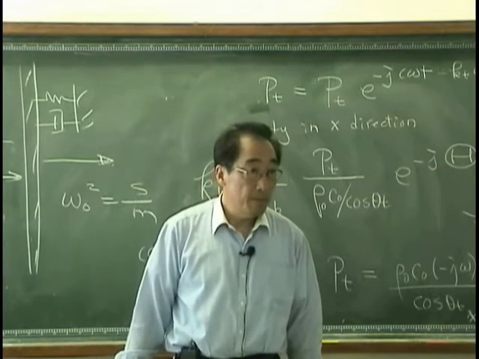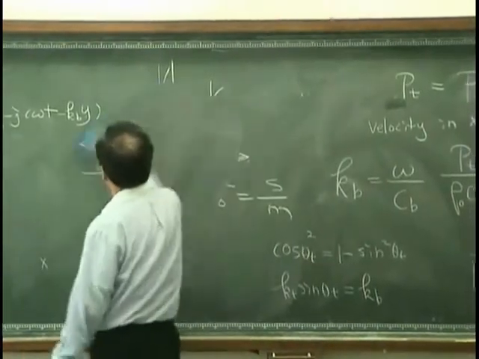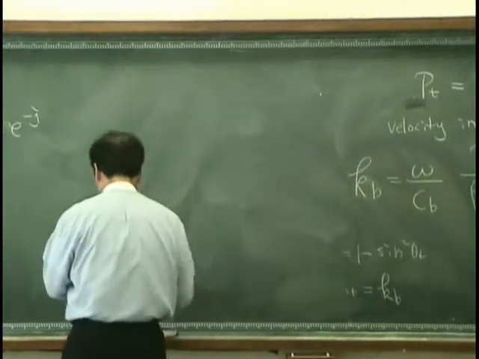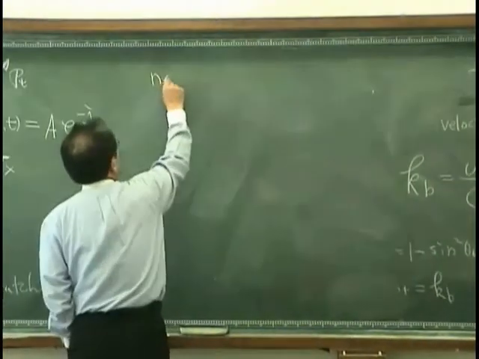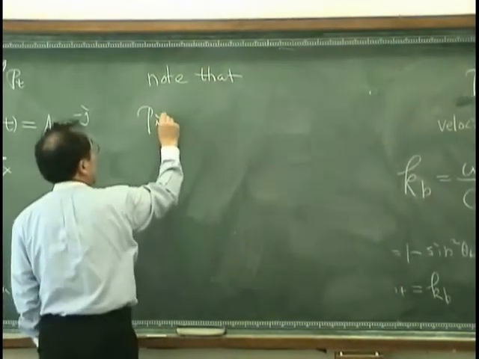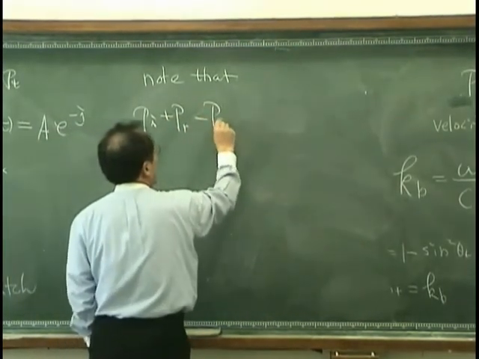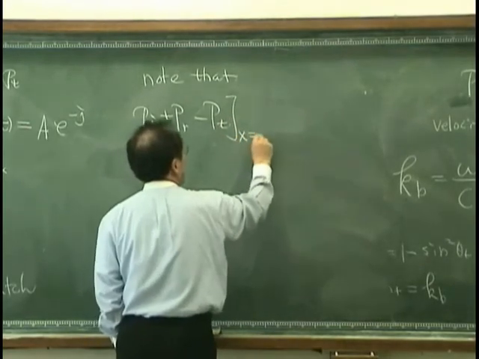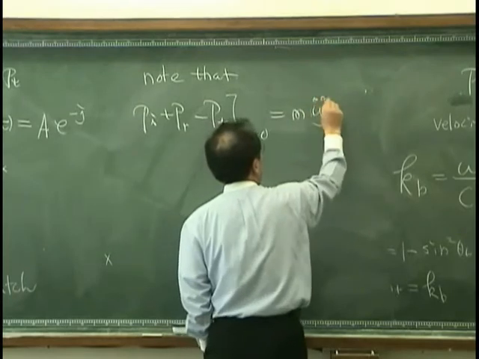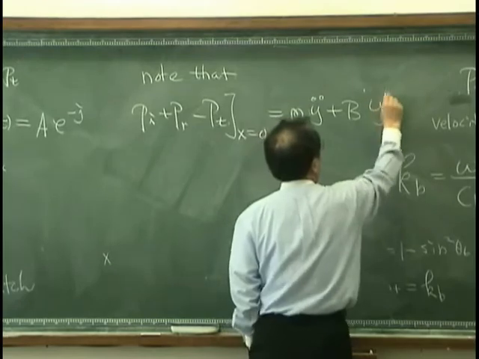Okay? And lastly, note that the pressure due to incident and reflected and transmitted on x equals 0 has to be equal to m η double dot plus B η to the fourth.